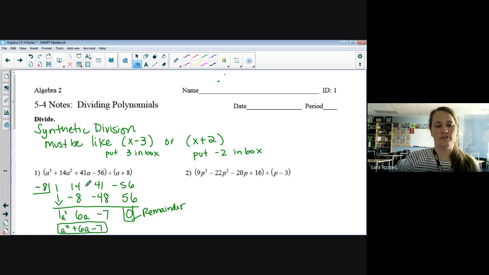We have a to the first, just like we do here. Then we get a to the second. So I just put the variables with the numbers, and then I'll write them down. So my answer is a squared plus 6a minus 7 with a remainder of 0.